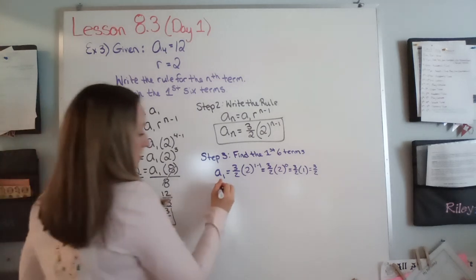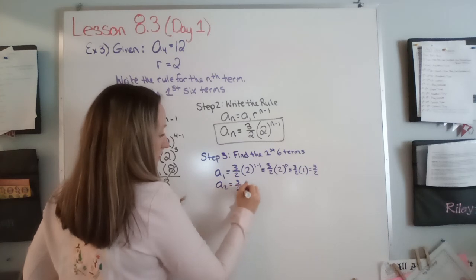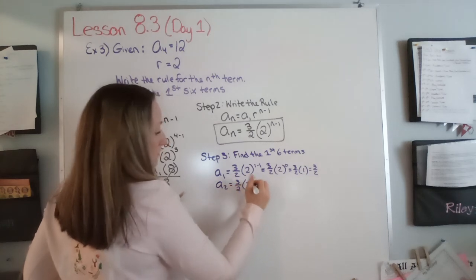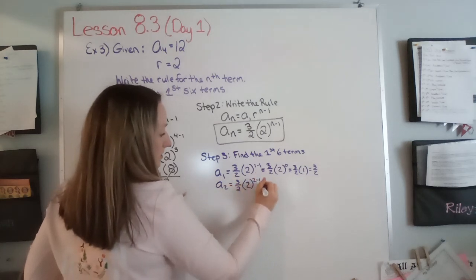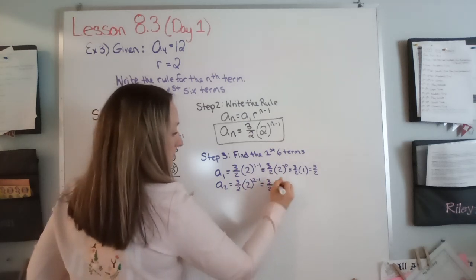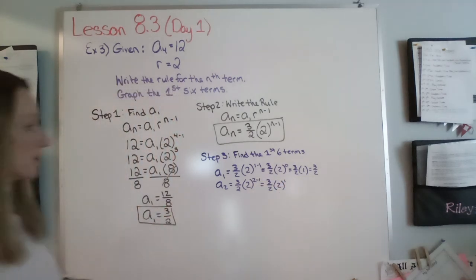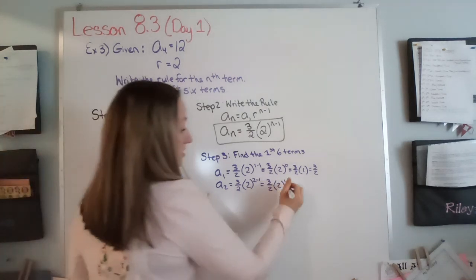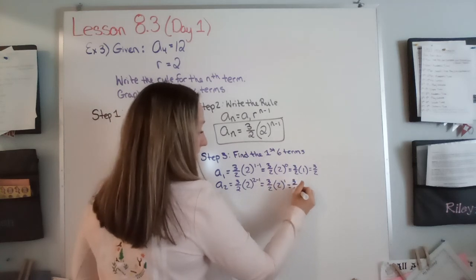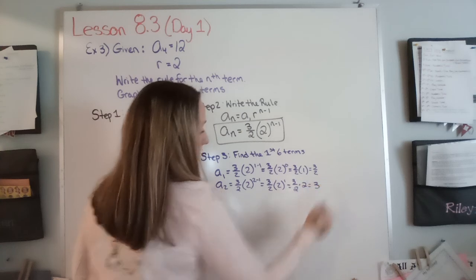The second term, 3 halves times 2 raised to the 2 minus 1. 2 minus 1 is 1, so it's 3 halves times 2 raised to the first. 2 raised to the first is just 2, so it's 3 halves times 2, which is 3.